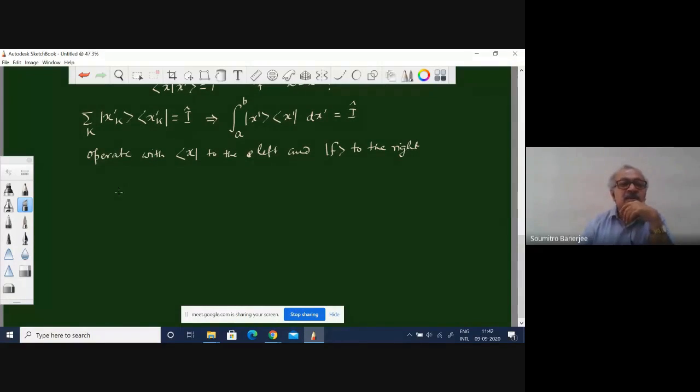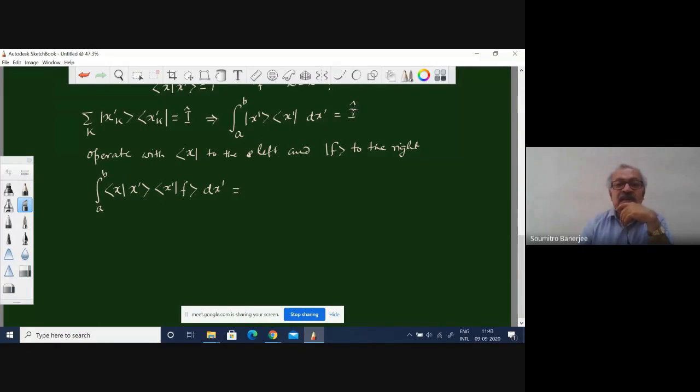It leads to the integral from a to b of <x|x'><x'|f> dx'.